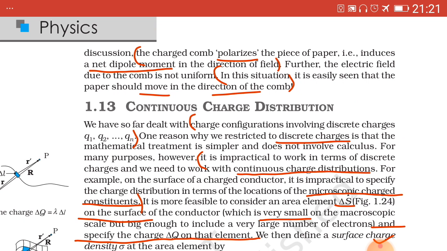The charged comb polarizes the pieces of paper, that is, induces a net dipole moment in the direction of the field.